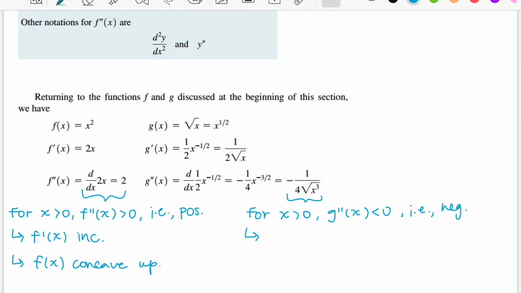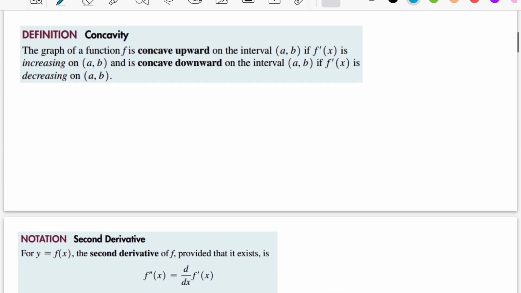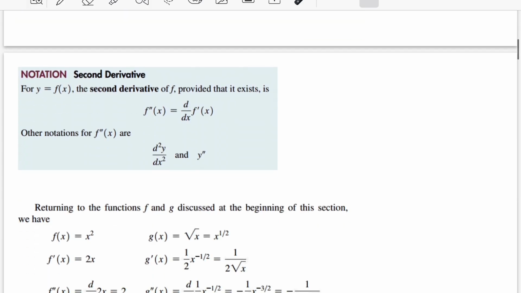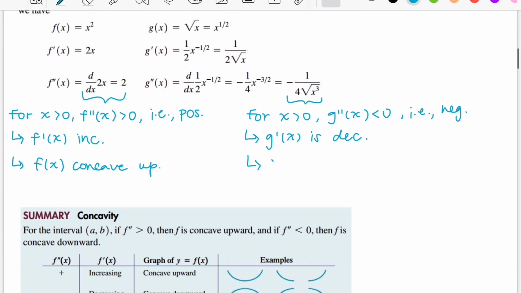So this tells us that g prime of x is going to be decreasing, just like how we saw if our g prime of x was negative, then our function was decreasing. So same thing here, we're using the second derivative to figure out if our first derivative is increasing or decreasing. And then we saw up here for our definition of concavity, if our derivative is decreasing, then our function is concave downward.